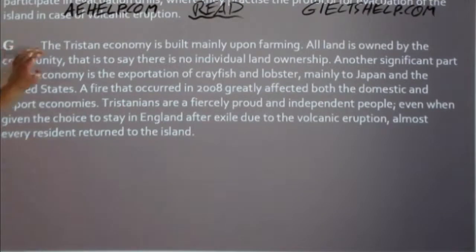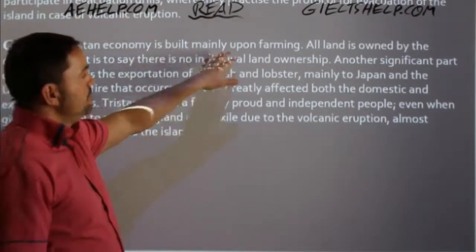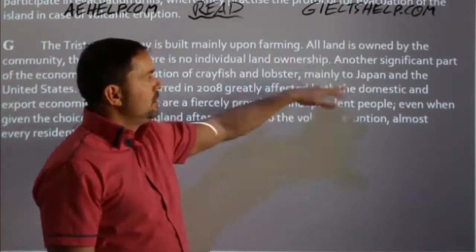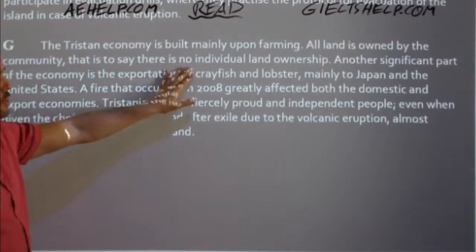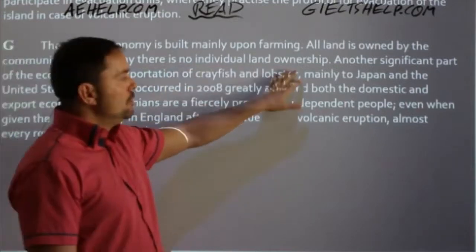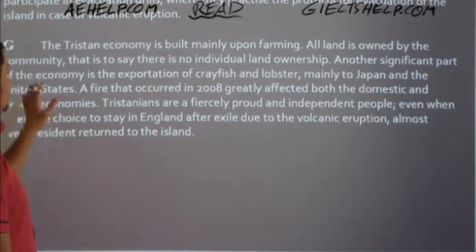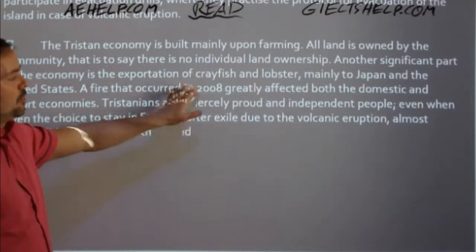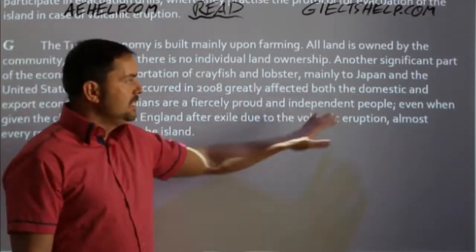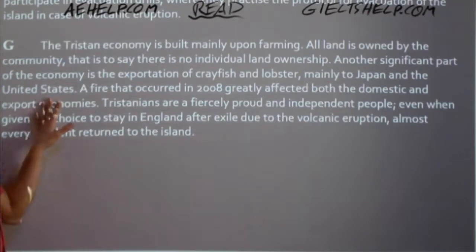G, the Tristan economy is built mainly upon farming. All land is owned by the community. That is to say, there is no individual land ownership. Another significant part of the economy is the exportation of crayfish and lobster, mainly to Japan and the United States.